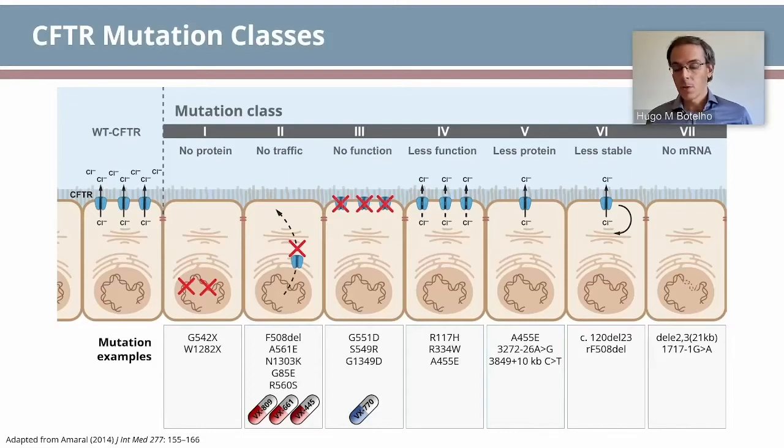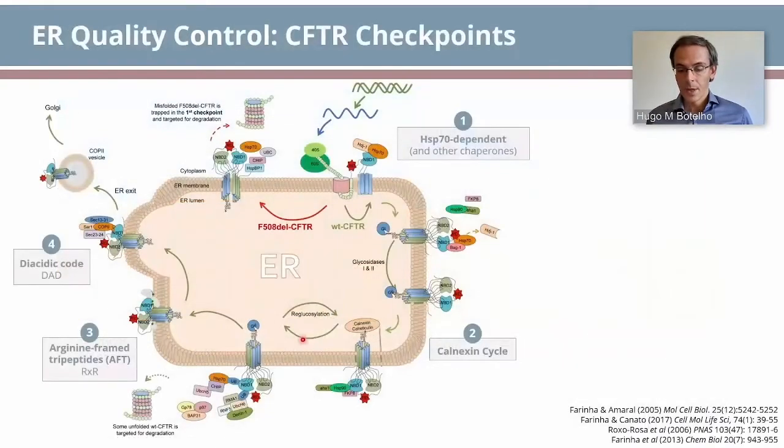Globally, release from the endoplasmic reticulum is the major obstacle for F508del CFTR rescue. The mechanisms responsible for ER retention of F508del CFTR are still not completely elucidated, but there exist at least 4 sequential checkpoints which oversee the folding of the CFTR molecule, starting from the moment the polypeptide is translated.